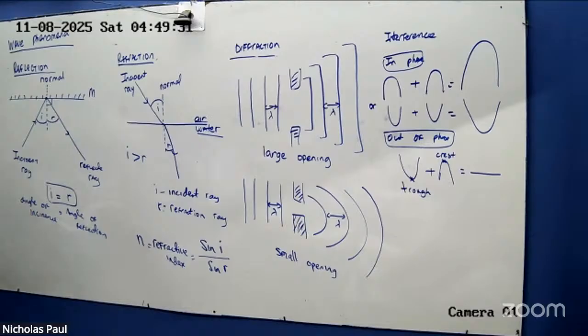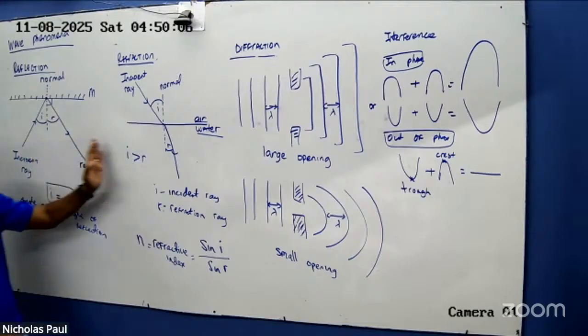Only waves undergo the following properties: reflection, refraction, diffraction, and interference. Right? Only waves undergo these.